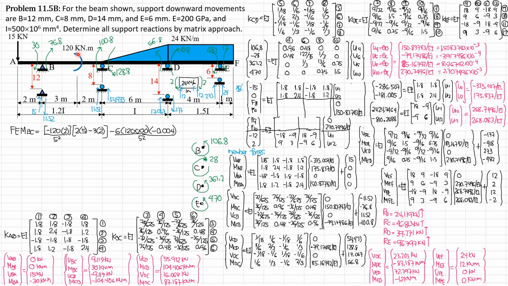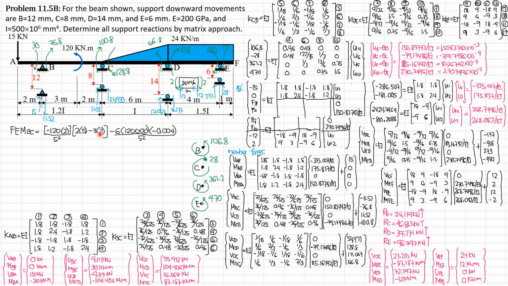The moment is treated negative because it is counterclockwise, and remember that these fixed moment formulas are based on slope deflection equations in which clockwise rotation is positive. So that's why it's negative 120. B is the distance of the load from C, which is 2 over L square, which is 5 square. Quantity 2L, so 2 times 5 minus 3 times b.